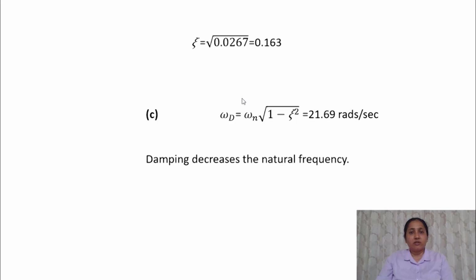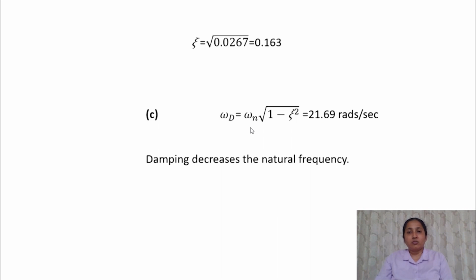Now we have to calculate the natural frequency of the damped system. That would be equal to omega n, that is the natural frequency, multiplied by square root of 1 minus zeta square. We can substitute the value of zeta here and get the value of omega d.